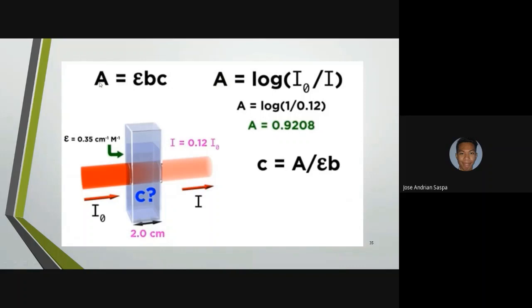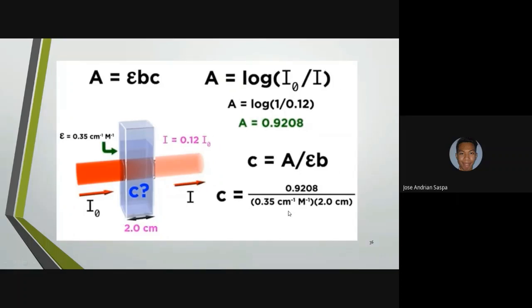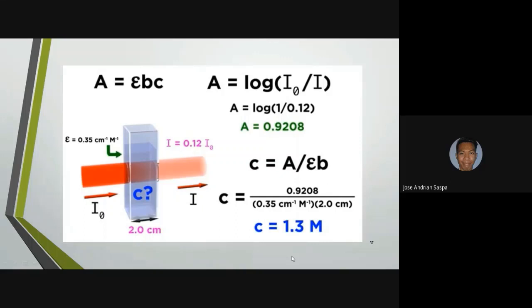Equating this equation to this one, we have C is equal to A over molar absorptivity times path length. Plugging the given values, our concentration is equal to 1.3 molar. So we have this answer.